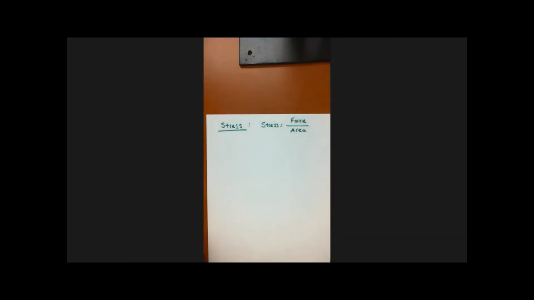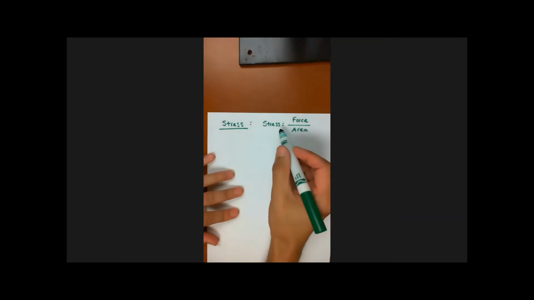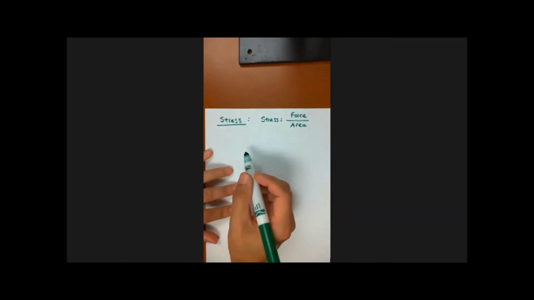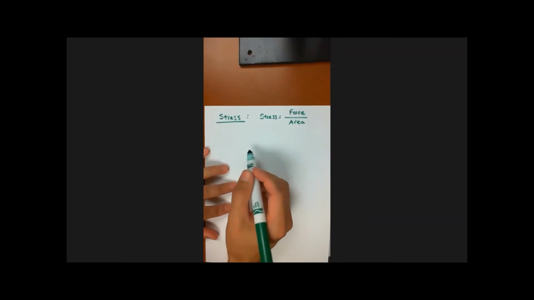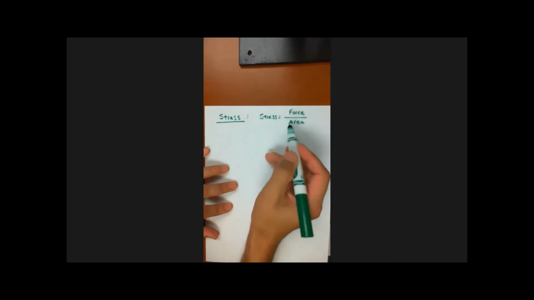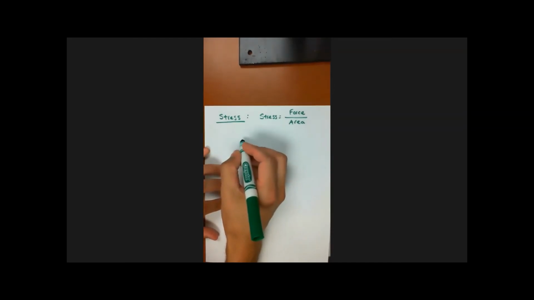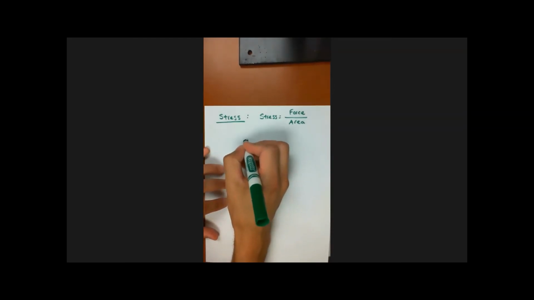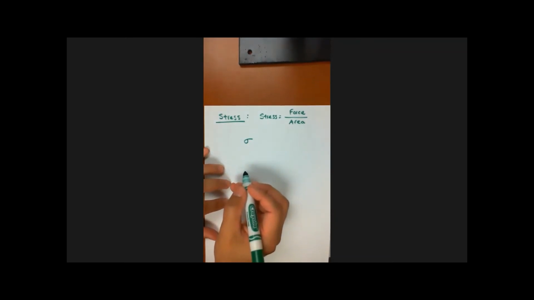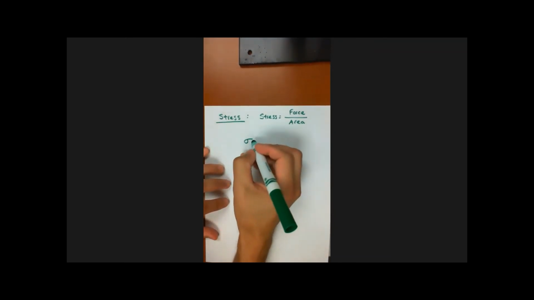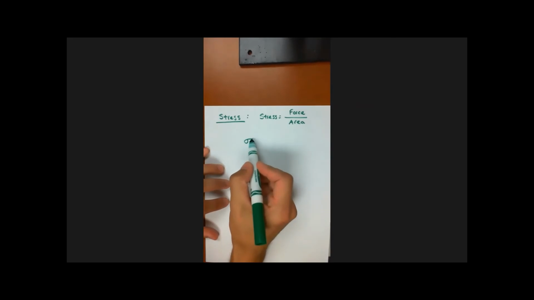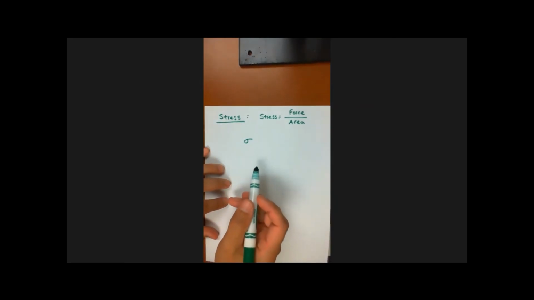So that's in words, that's what stress is, but we're going to use symbols. The standard symbol for stress is the lowercase Greek letter sigma. And I made that tail maybe a little bit longer than it needed to be.